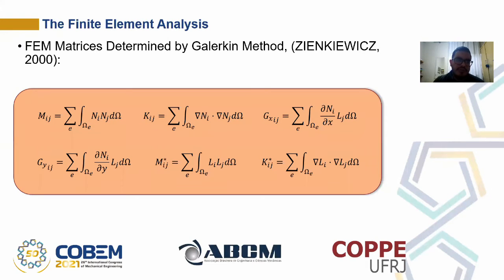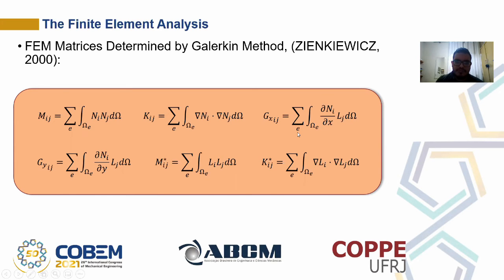So here we have matrices of the finite element analysis. We have M, K, and G for mass, stiffness, and gradient. And we also have M star and K star for temperature, since we use the linear element for its calculation.